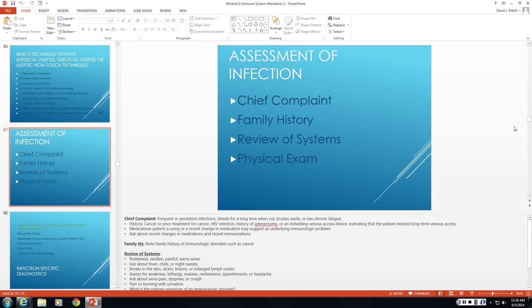some determinations. So assessment of an infection. What you want to do is look at your chief complaint. So is there frequent or persistent infections? Do they bleed for a long time when they're cut? Do they bruise easily? Do they have chronic fatigue?